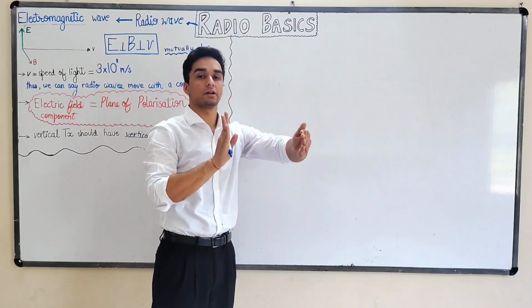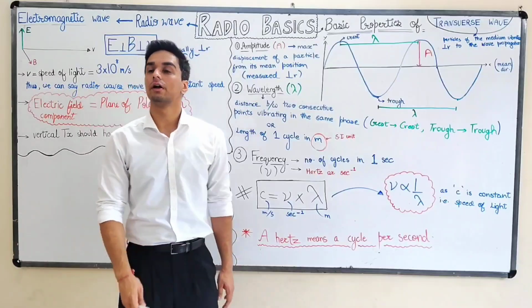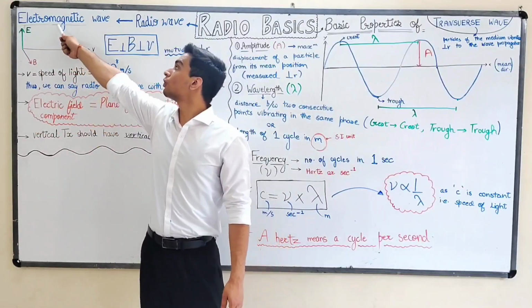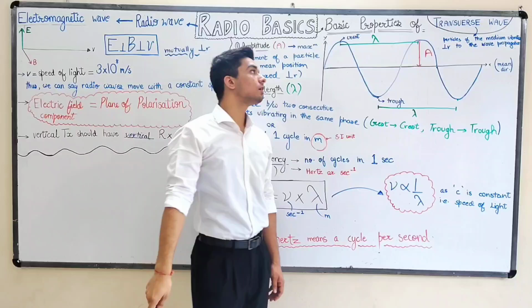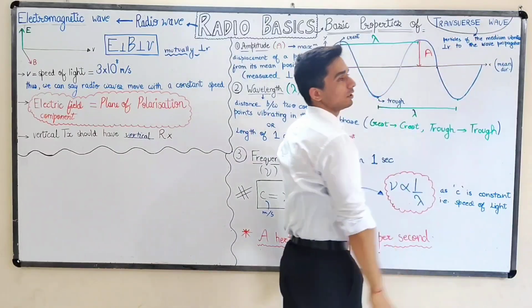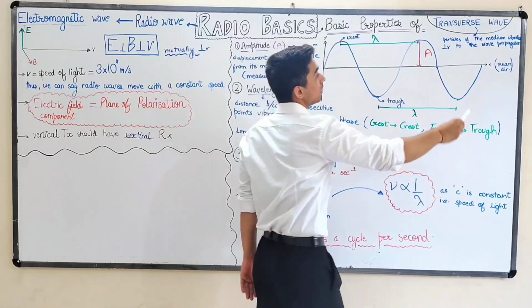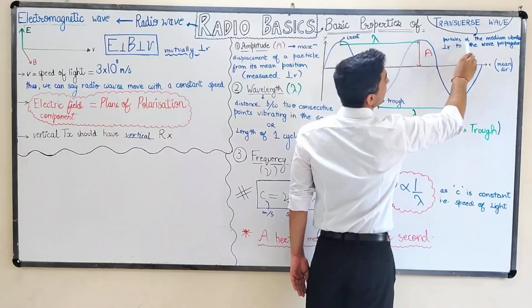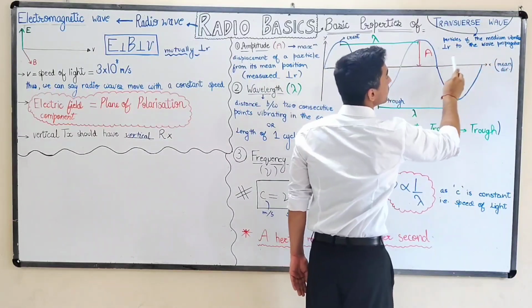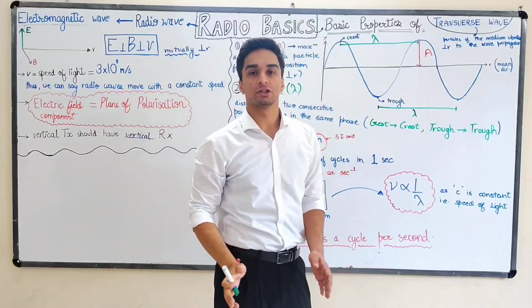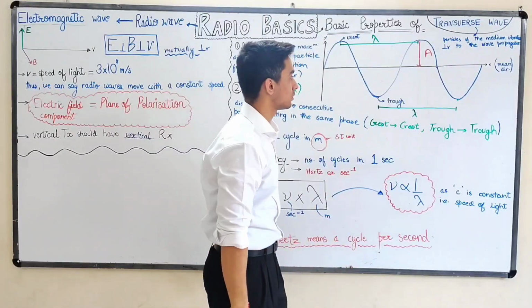Now moving ahead, as we all know, all electromagnetic waves are transverse in nature. Now what do you mean by a transverse wave? In a transverse wave, particles of the medium vibrate perpendicular to the direction of wave propagation.